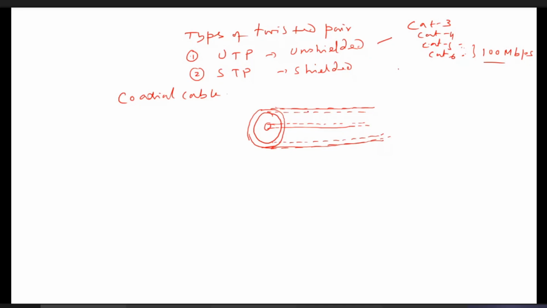This is the outer conductor, and this is the inner conductor. So the hollow outer cylindrical conductor is there, surrounding a single inner wire conductor.